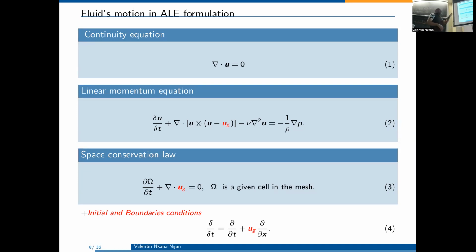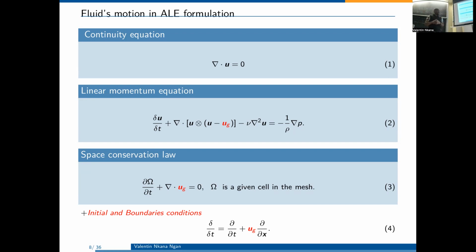Those who are familiar with Navier-Stokes can see that we have an additional term appearing in the linear momentum, which says that the mesh is moving, so we have the grid motion. Since we are dealing with mesh motion, there's a third condition, called the space conservation law. Basically, we say that the rate of change of a cell between two different frames is equal to the grid velocity at the interface.